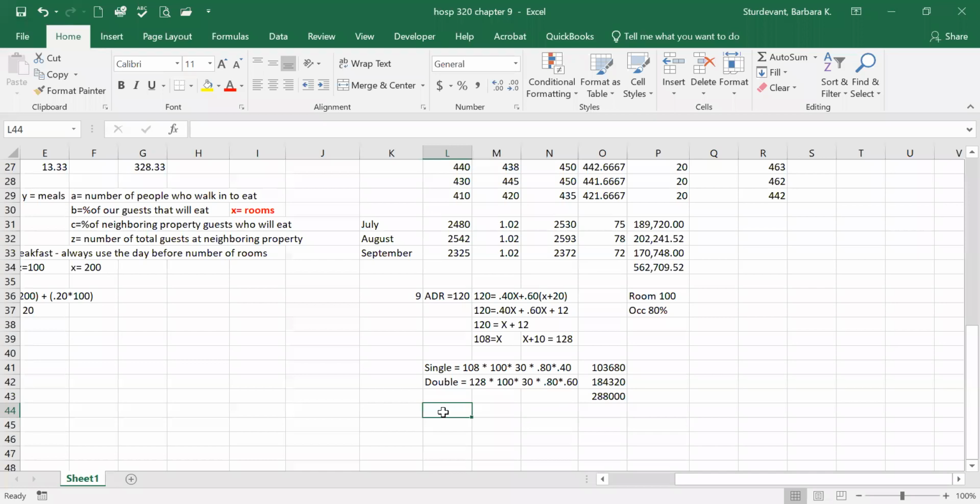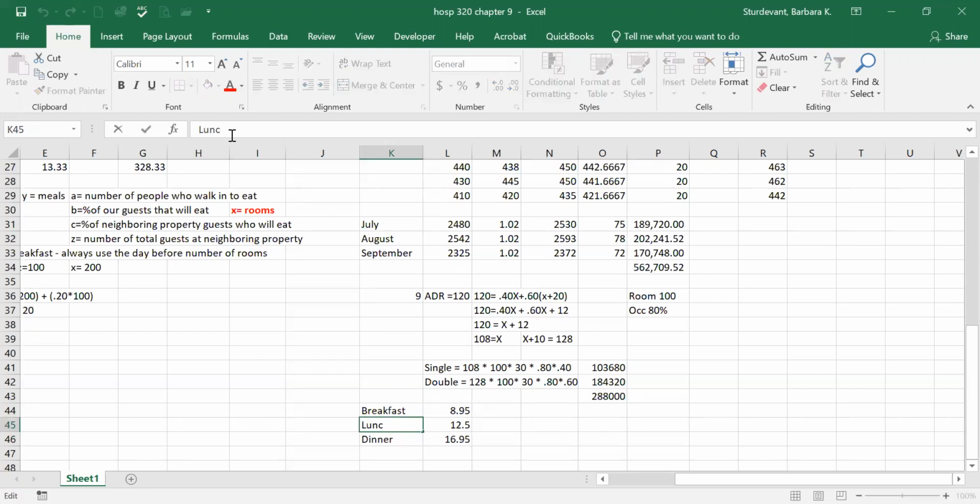Let's see, $8.95, and that's breakfast. And we have lunch of $12.50. Dinner is $16.95. Okay, so there's our prices.